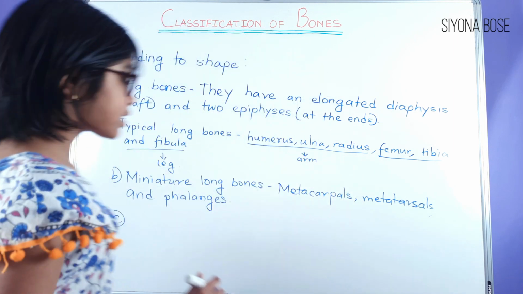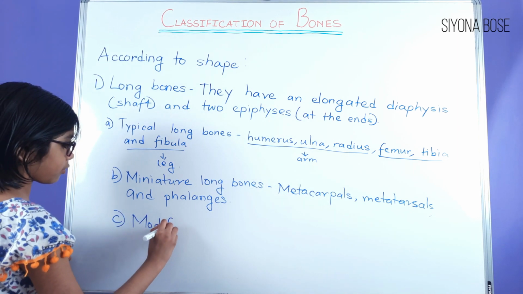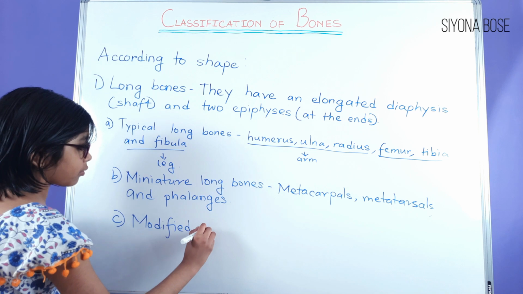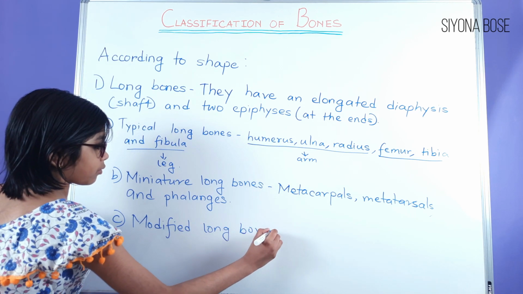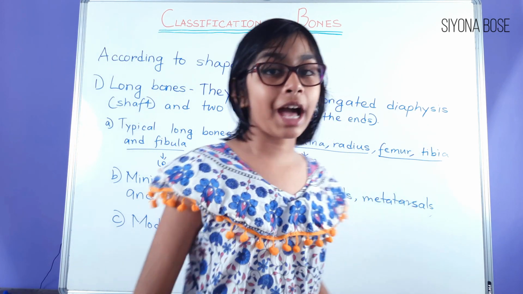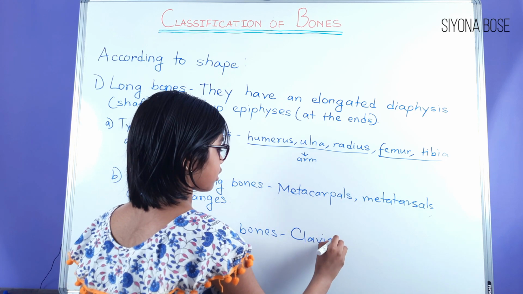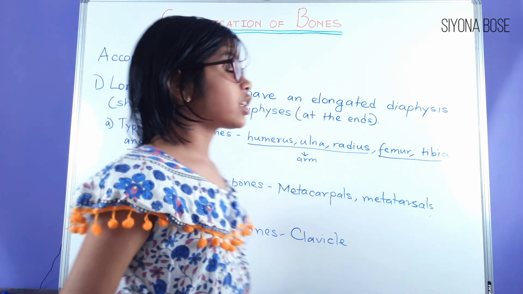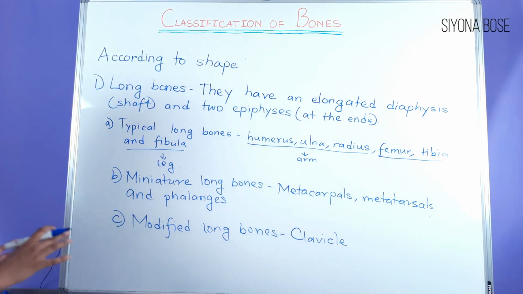Modified long bones are like the clavicle. The clavicle does not consist of a medullary cavity. That's the reason it falls under modified long bones.